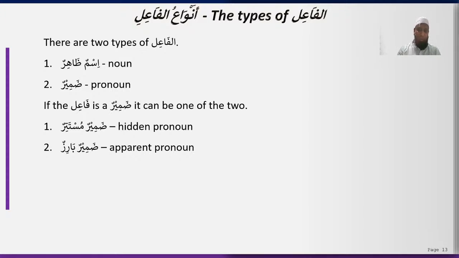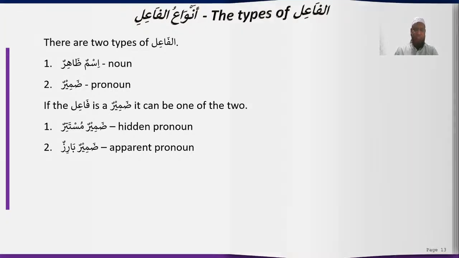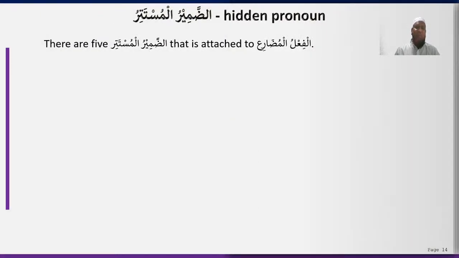In fi'l al-madi, there's only 2 sigas that have damirun mustatirun. In فعل مضارع, let's see how many sigas, how many forms we have. The ضمير مستتر, and then we'll talk about the ضمير بارز. There are 5 الضمير المستتر in فعل المضارع.